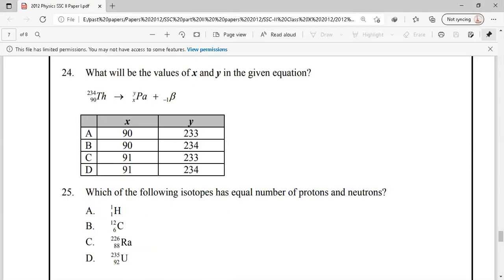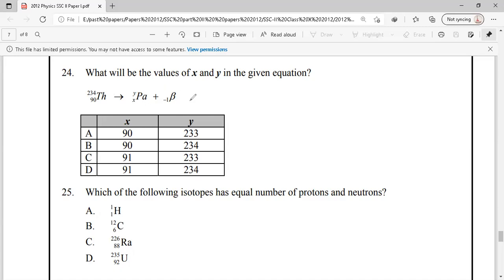Then we have the last two questions in this year of 2012. What will be the values of x and y in the given equation? This equation shows that thorium 90 234 has performed a beta decay in which an element Pa is formed, and we have to identify its mass and atomic number.